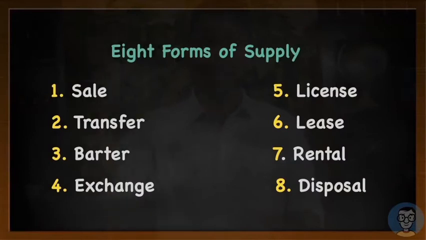Till now, out of the 8 forms of supply, we have studied 4 items: sale, transfer, barter and exchange. Now let us study the other forms of supply. It talks about license, lease, rental and disposal. Let us see these items one by one.